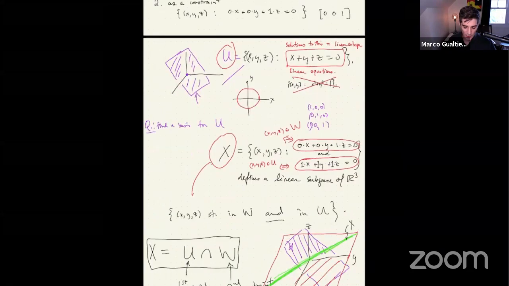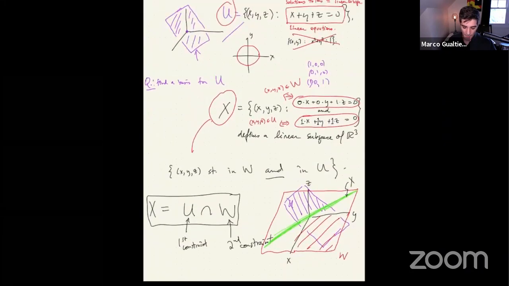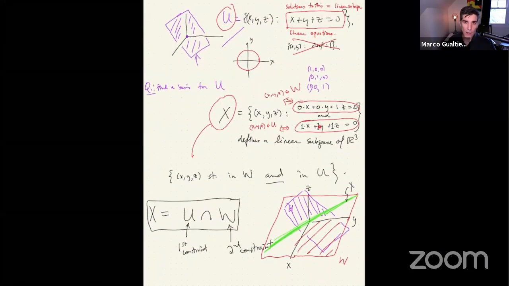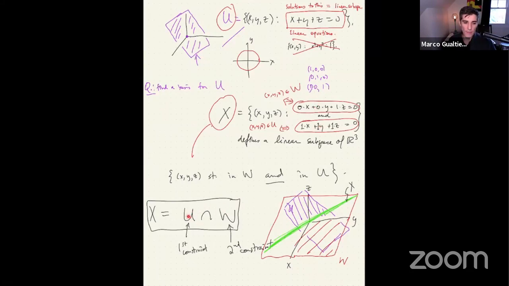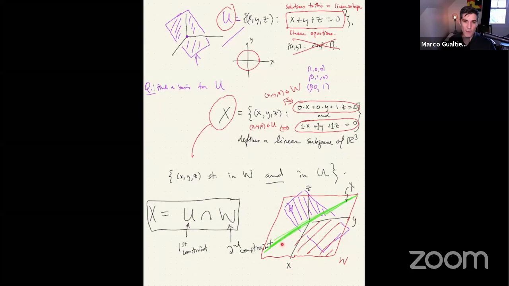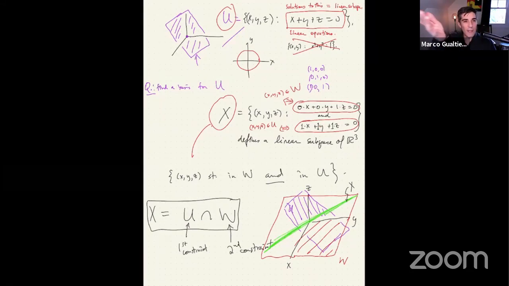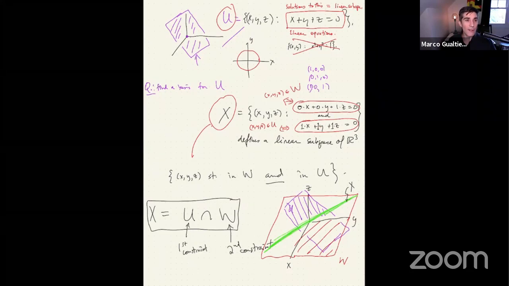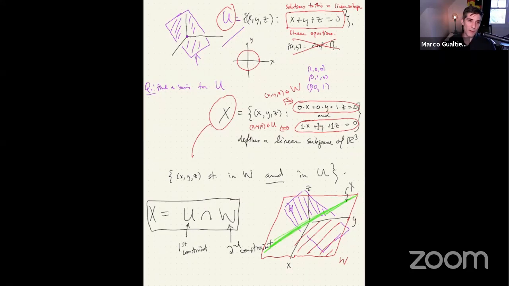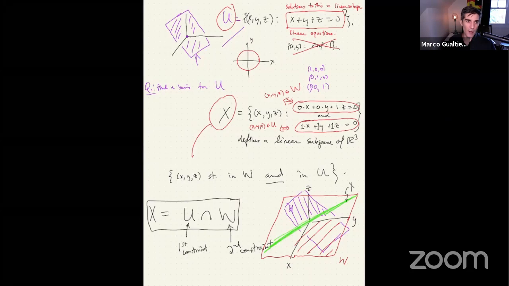So for example, here I gave you two constraints. You take the intersection of them, and you get a subspace, the green subspace. Now I ask you, find me a vector that spans this subspace. What I'm asking you is to find a solution to both of these, right? And that's not obvious.